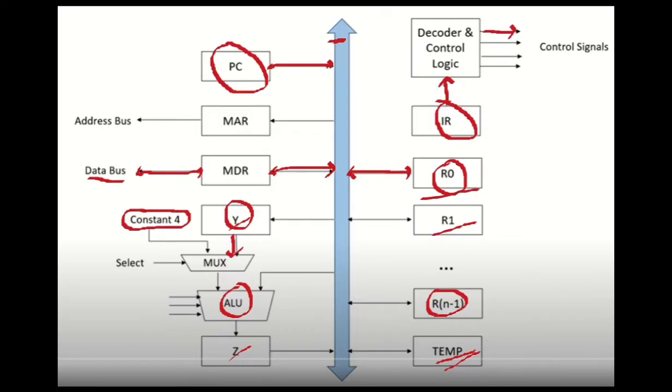The output of the multiplexer goes into one port of the ALU, and the other port gets input from the internal bus, as shown in the figure. Once the operation is done in the ALU, the result is put in the Z register, and there is another temporary register.